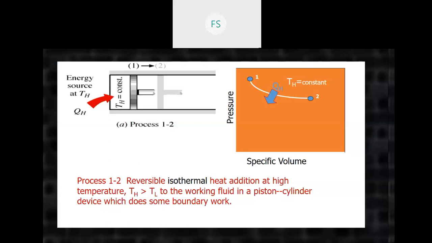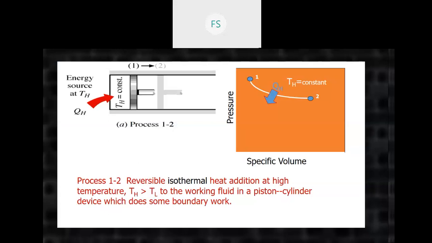So let's look at the mechanism of the Carnot heat engine. We have a piston-cylinder device, and the first process, process 1 to process 2, is reversible isothermal heat addition at high temperature. During this process, TH is higher than TL, and heat is transferred to the working fluid in the piston-cylinder device, which does some boundary work.